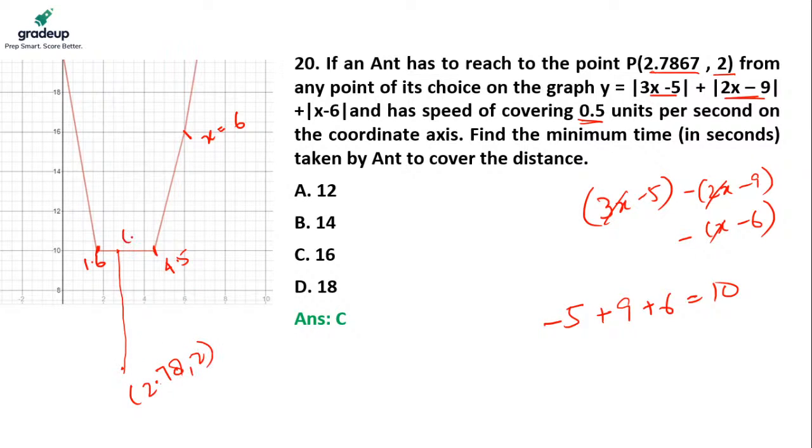From here to here it has to go at a speed of 0.5 units per second. So can I say it has to travel 8 units at a speed of 0.5 units per second? How much time will it take? 8 upon 0.5, which comes out to be 16. Yes guys, is it clear?